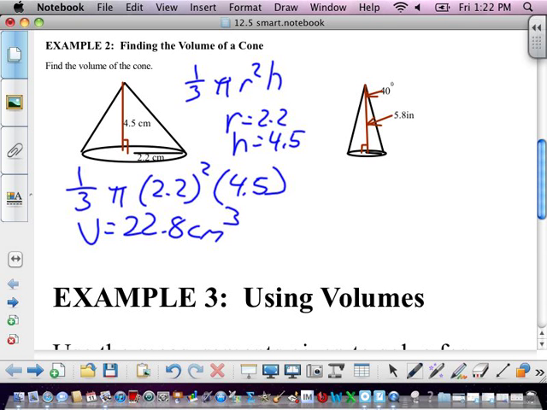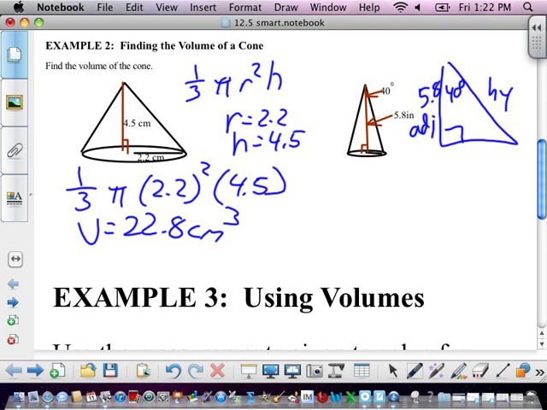Okay, the next one is a little more complicated. We've got this funky triangle thing, and it says it's 40 degrees up here. And it says the height is 5.8. Which means I have a triangle that looks like this. This is 40 degrees. This is 5.8. How am I going to find the radius? Okay, so this is adjacent.